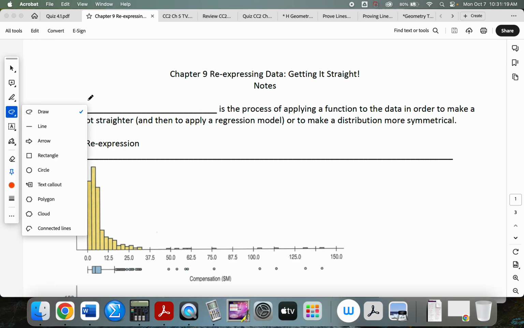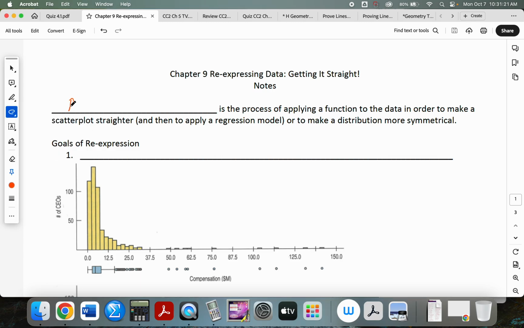Re-expression is the process of applying a function to the data in order to make a scatter plot straighter, and then to apply a regression model, or to make a distribution more symmetrical.